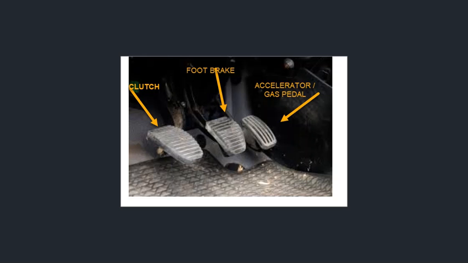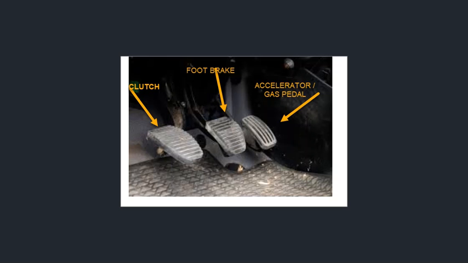On the left is the clutch, which you need to change the gear if you don't have an automatic. The next one is the foot brake to slow down or stop the car. And the last one is the accelerator. In America, they say the gas pedal, but you can use either word.